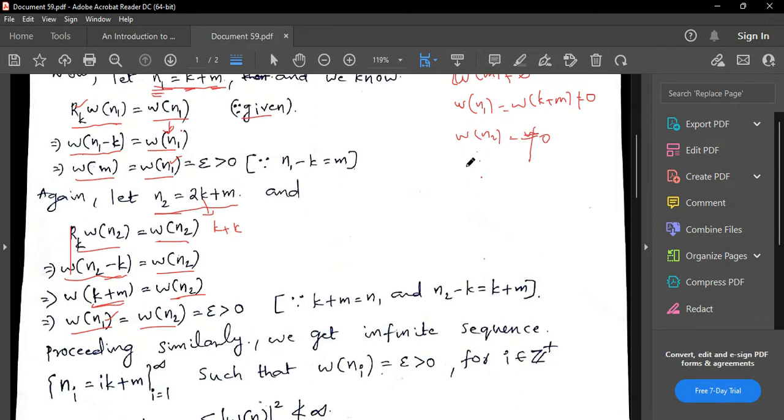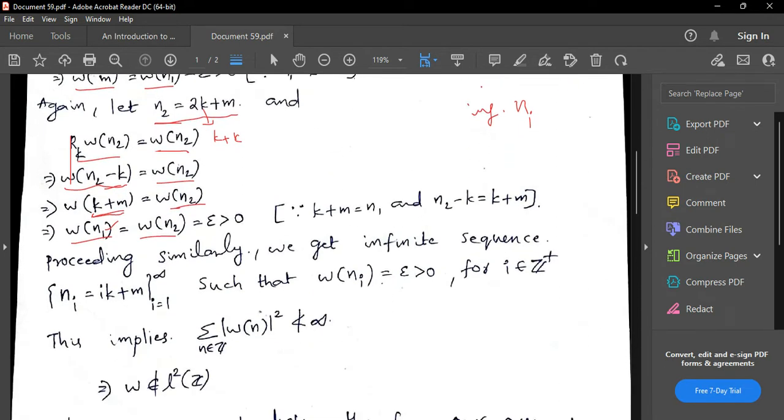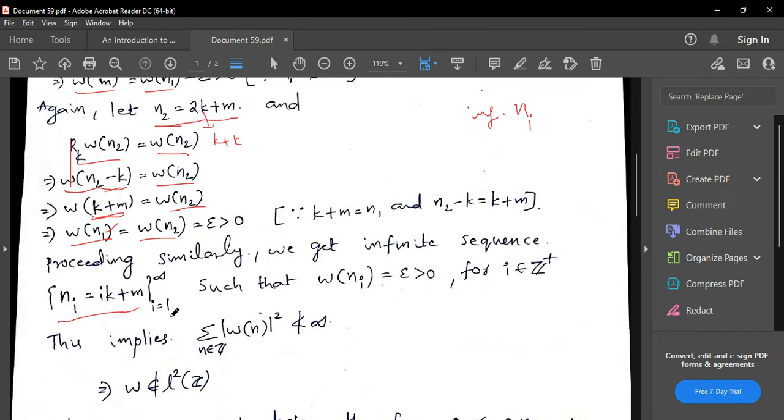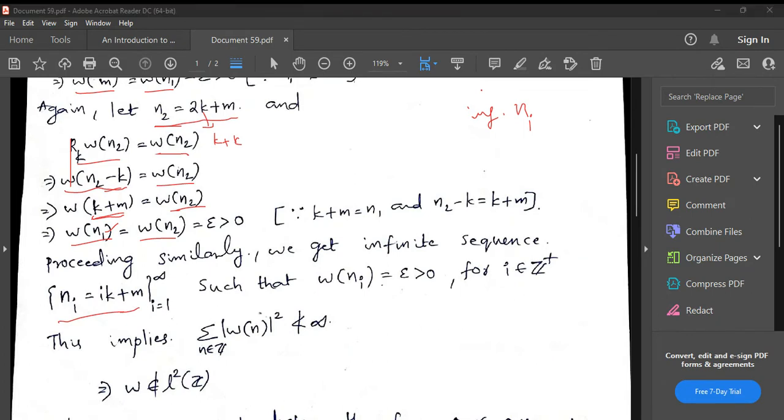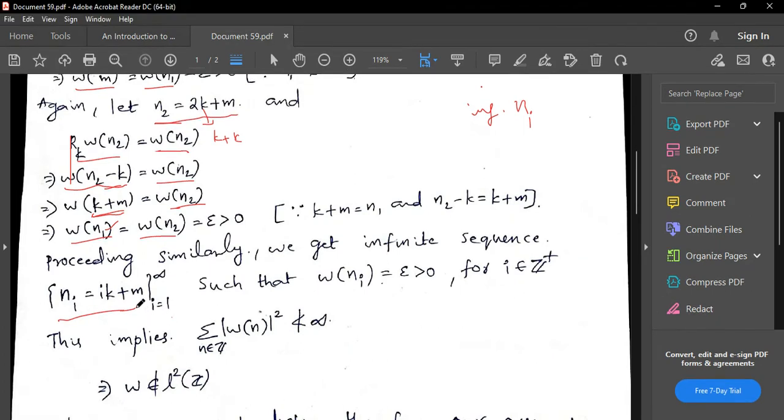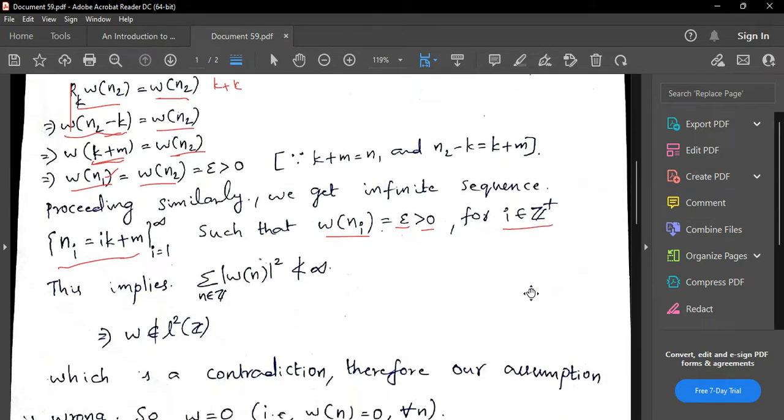So proceeding likewise, we will get an infinite number of indices n_i such that n_i is equal to ik plus m, i equal to 1 to infinity, such that w's value at this index will be equal to epsilon, which is greater than 0, for all i belonging to z plus.